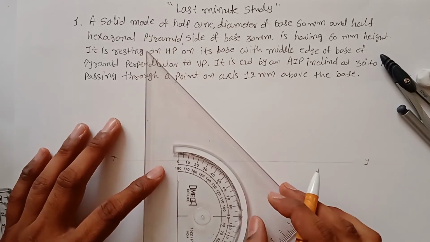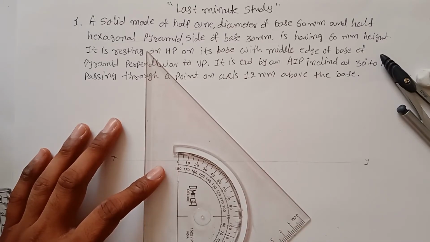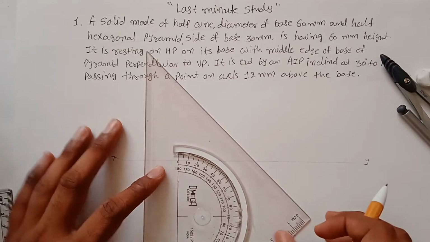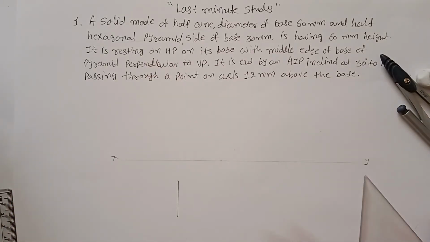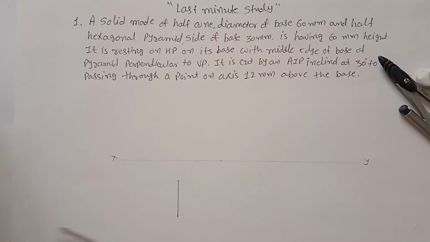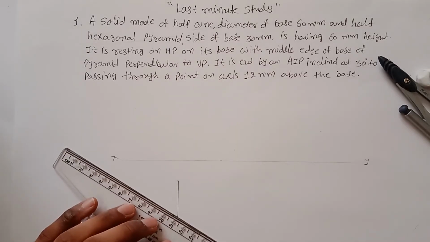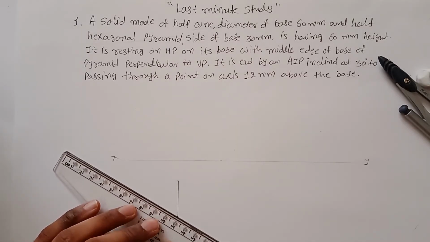So 1 and 2. Now you have to draw a 30 mm line from both of the angles.